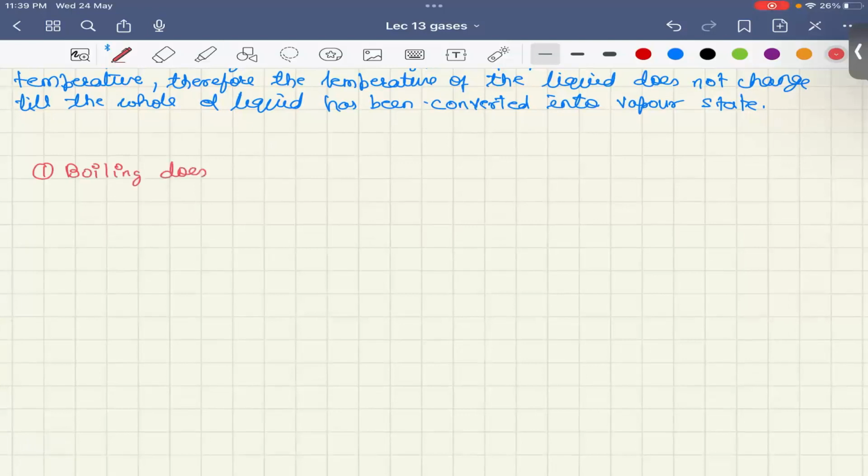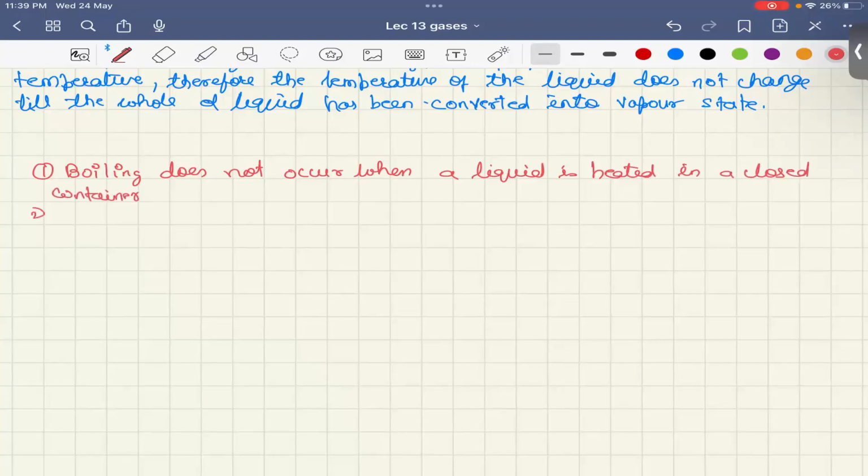Boiling does not occur when a liquid is heated in a closed container, right? On heating continuously, vapor pressure increases.